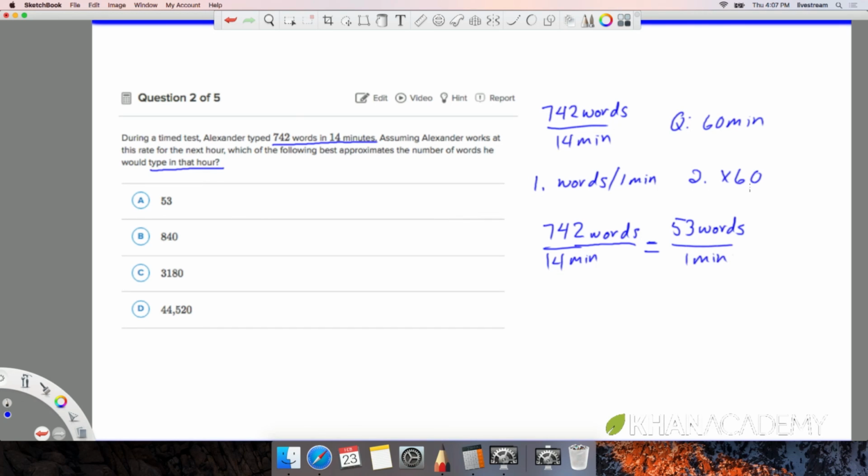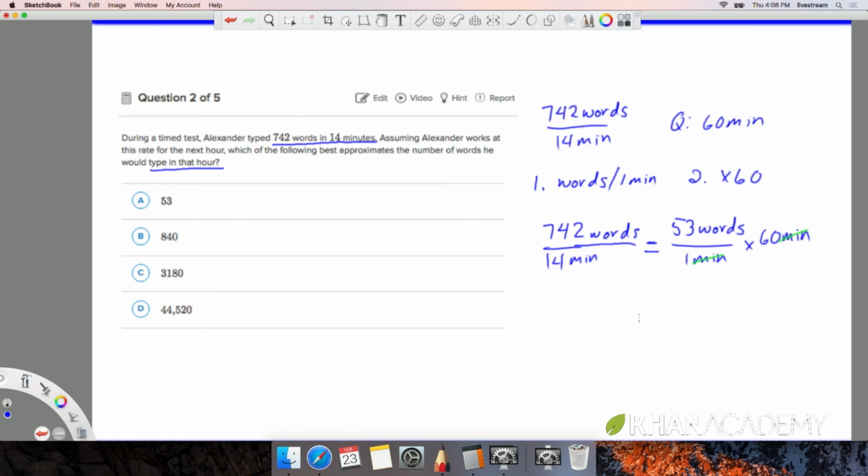But I'm not done yet, right? So the second step here is to multiply by 60 minutes. And the interesting thing you'll notice here is once I multiply by 60 minutes, I've actually got a minutes factor in the numerator and a minutes in the denominator. And so any unit divided by itself is just going to be 1, so that would go away.